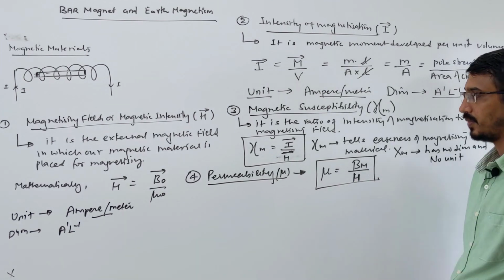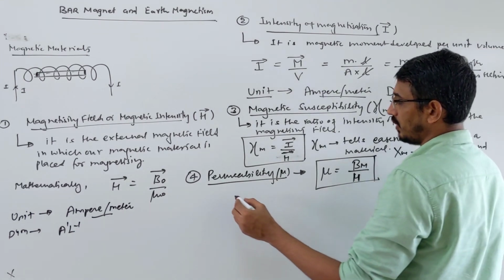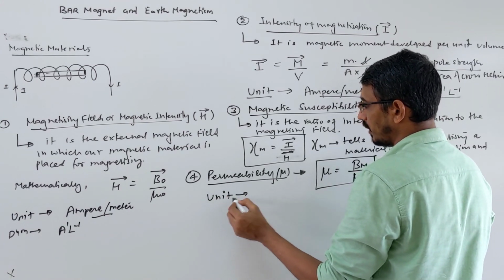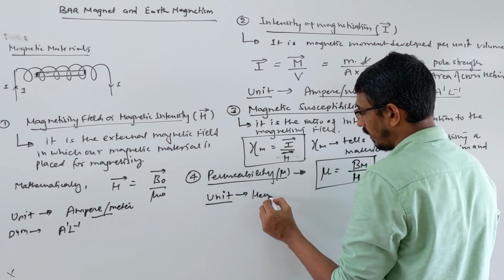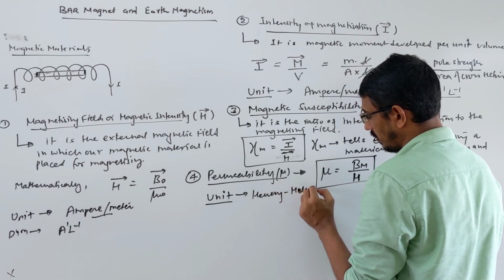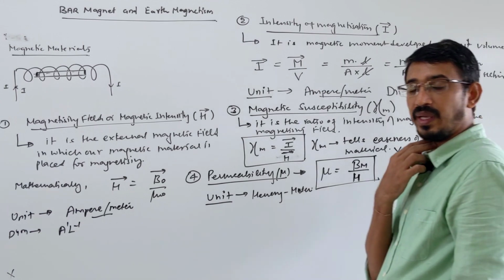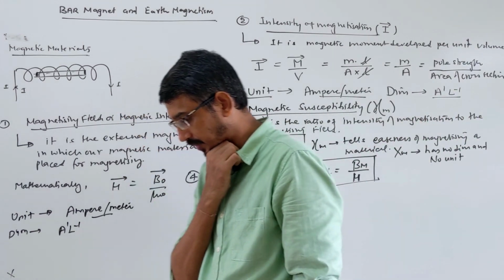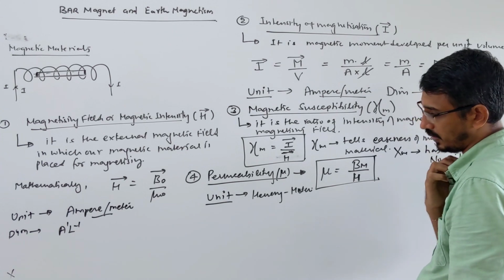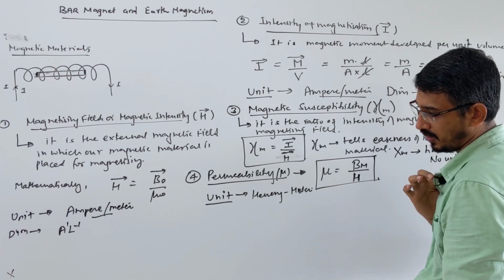Permeability has a unit. What is the unit of permeability? The SI unit is called Henry per meter.